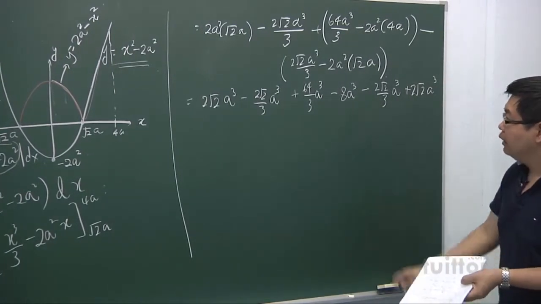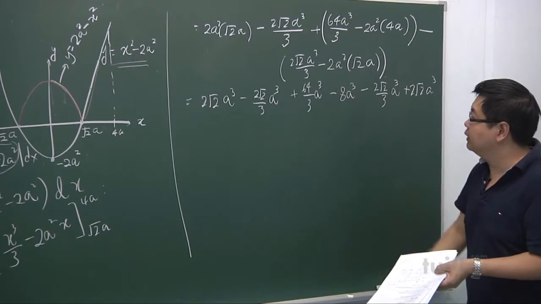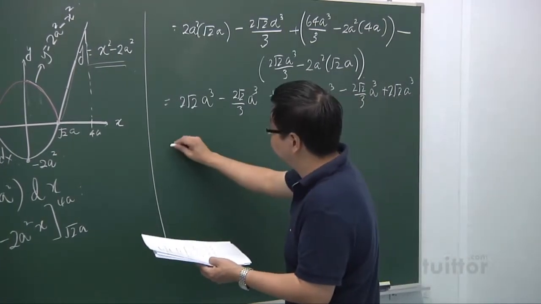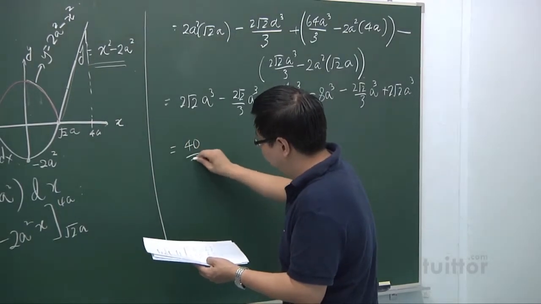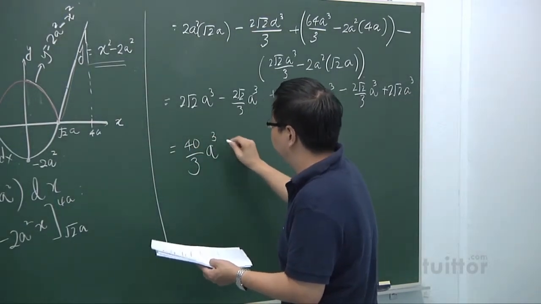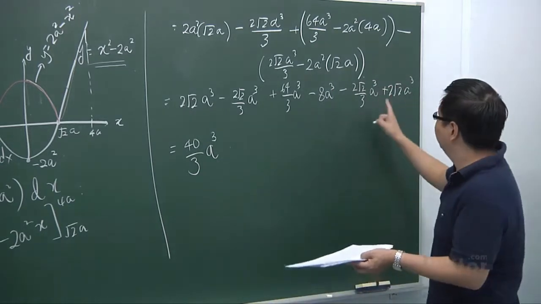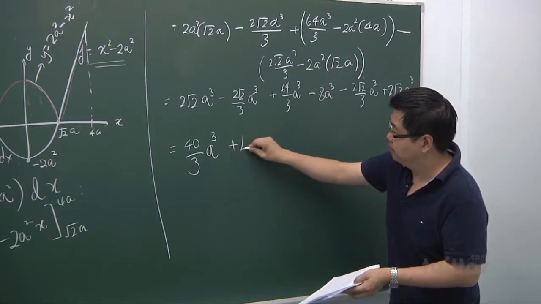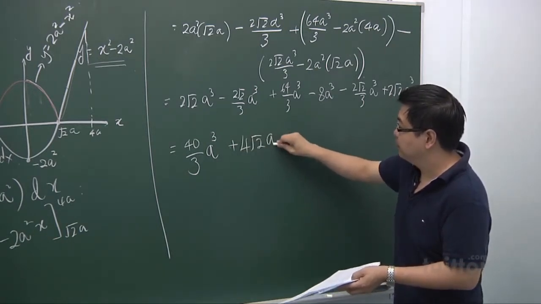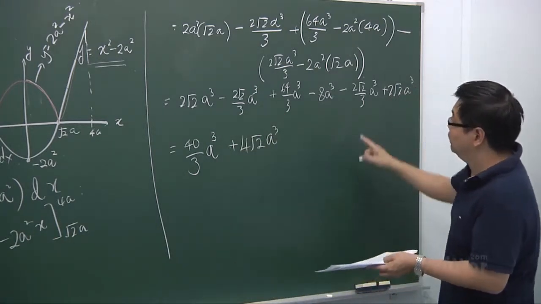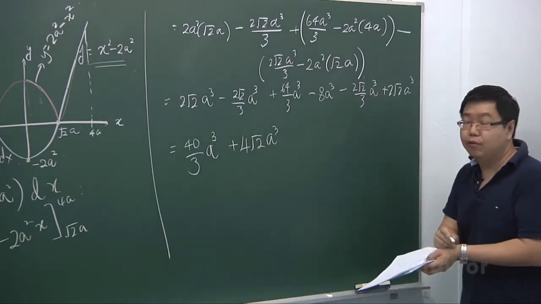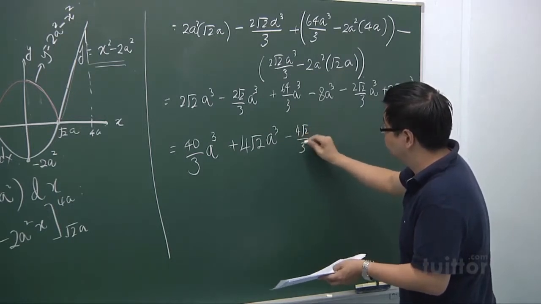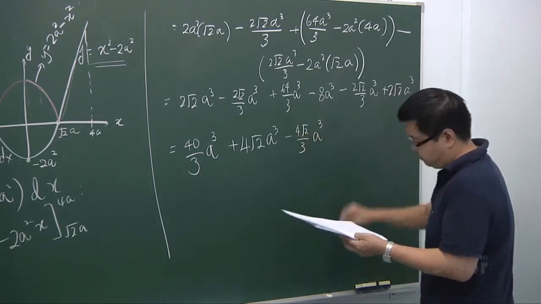So 64 over 3 a cubed minus 8a cubed becomes 40 over 3 a cubed. 2 root 2a cubed plus 2 root 2a cubed, of course, is 4 root 2a cubed. Minus 2 root 2 over 3 a cubed minus 2 root 2 over 3 a cubed becomes minus 4 root 2 over 3 a cubed.